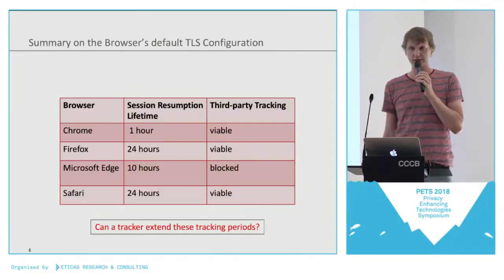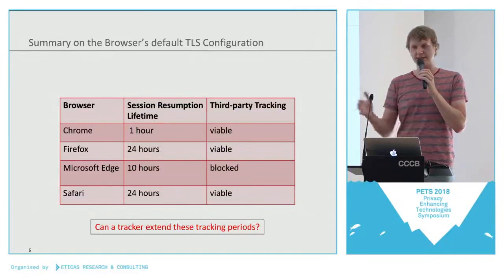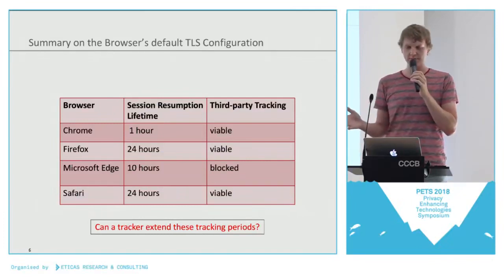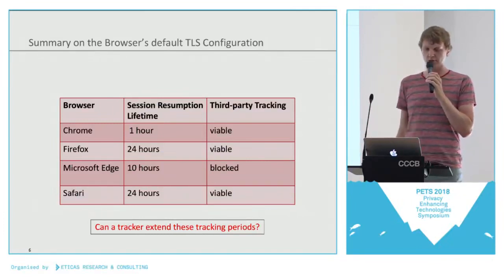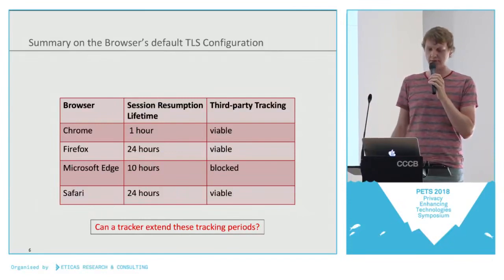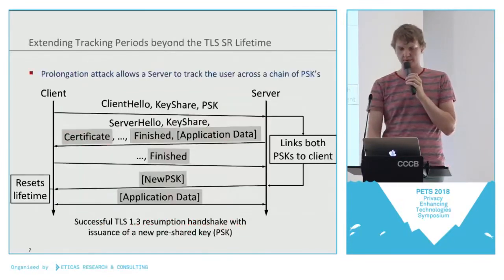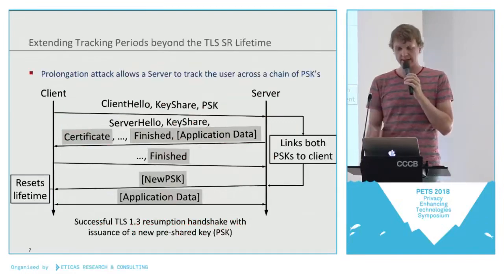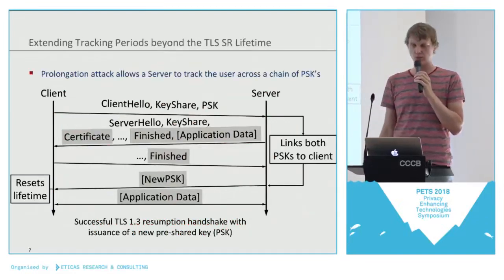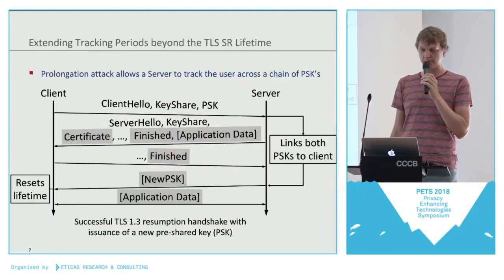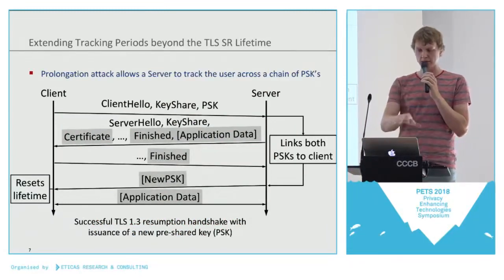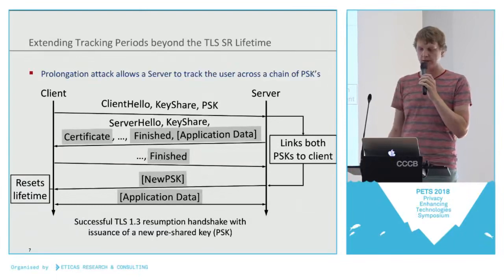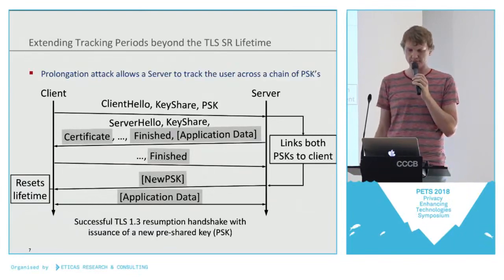Thus, the question arises, is this tracking period now limited to 1 hour for Chrome and 24 hours for Firefox? I would say no. Because here you see a successful TLS 1.3 resumption handshake, and you see the PSK, the pre-shared key, and that is a session resumption mechanism used in this case.